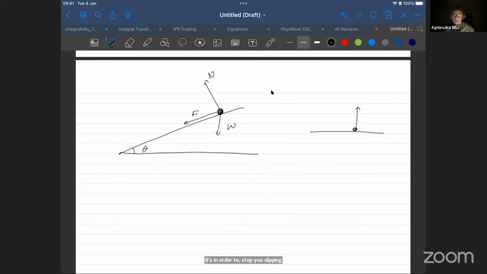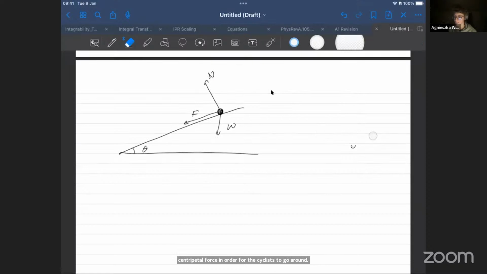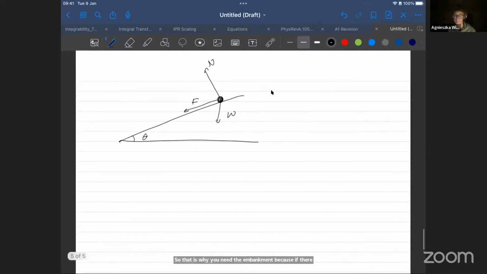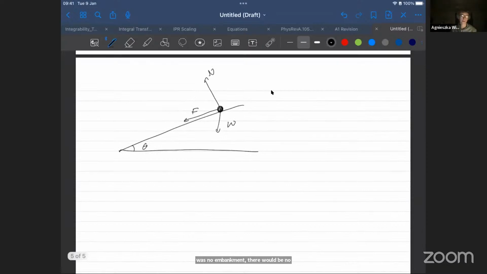So there would be no frictional force acting in any direction. We would just have the reaction force and the weight, which means there would be no force providing the centripetal force for the cyclist to go around. So that is why you need the embankment: without it there would be no centripetal force, so no circular motion, and hence no motion in the velodrome, which by default has some sort of circular shape. I don't know its exact shape. So that's why the banking is necessary.